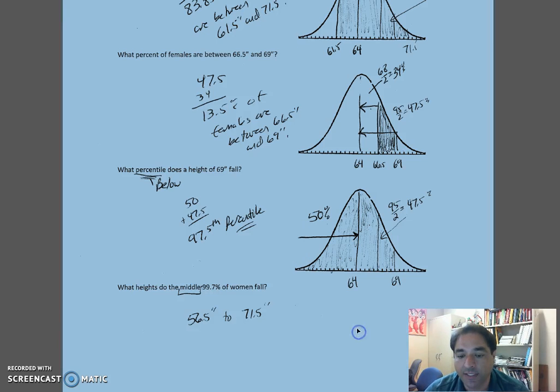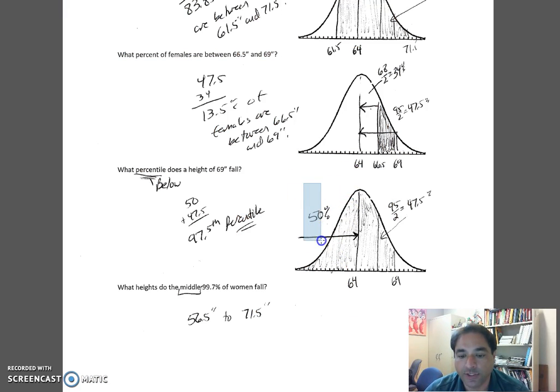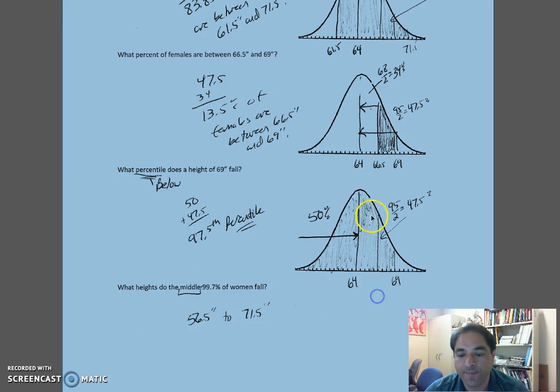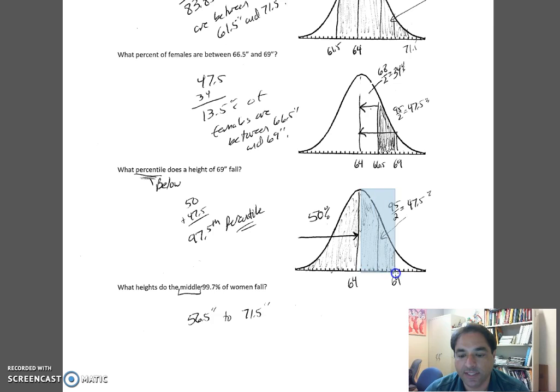Remember, our method is to go from edge of the shaded to the center. That's 50%, half the graph. That falls in the 95, but we're only going halfway, so that's 47.5. Add the two numbers. If you are 69 inches tall, 5'9", you're in the 50 plus 47.5, 97.5th percentile.